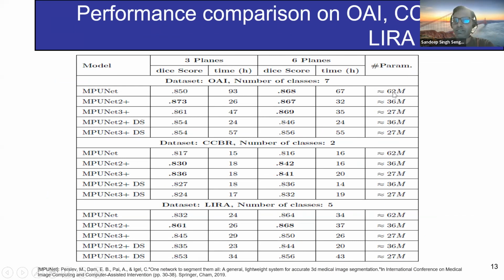And these are the different parameters for each model. For MPUNet, we have 62 million parameters, for MPUNet 2+ we have 36 million, and for MPUNet 3+ 27 million. So MPUNet 2+ has considerably fewer parameters than the other one, though of course MPUNet 3+ has the lowest number of parameters, but the accuracy of MPUNet 2+ is higher than the other one.